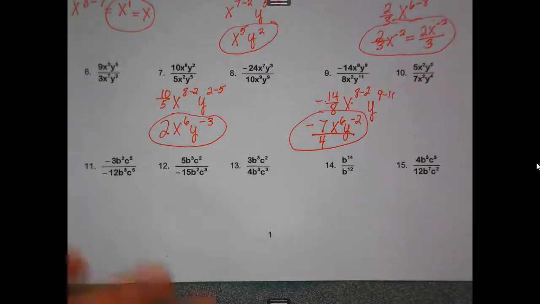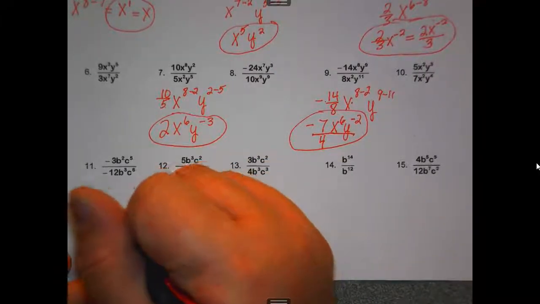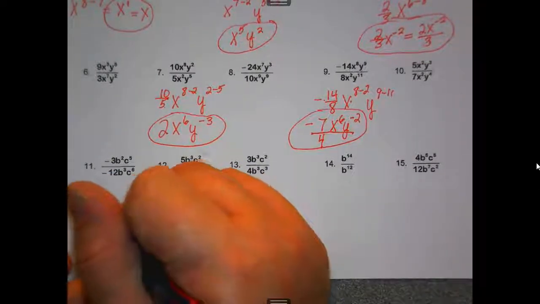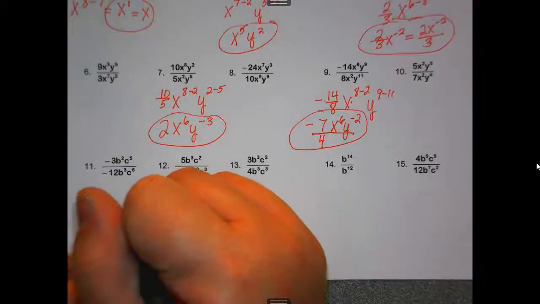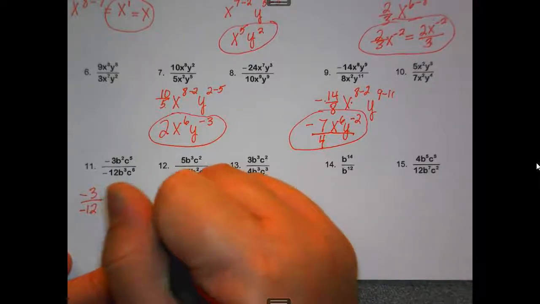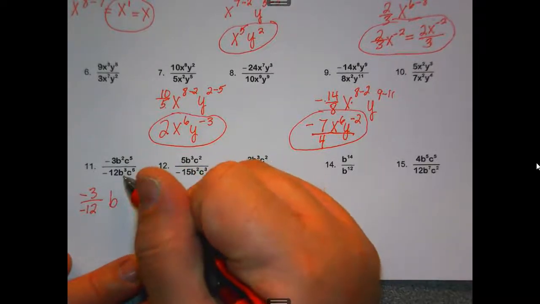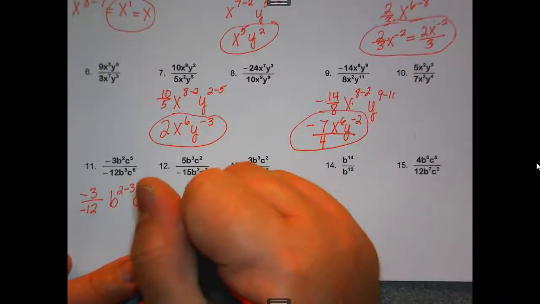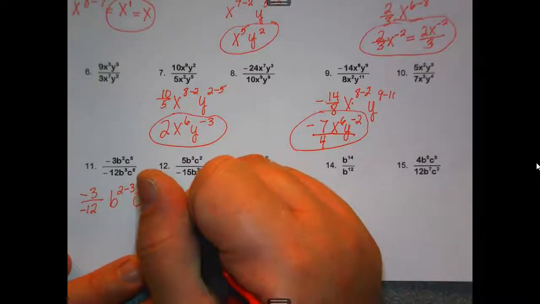Number 11, see, I have negative 3 over negative 12, b to the 2 minus 3, and c to the 5 minus 6.